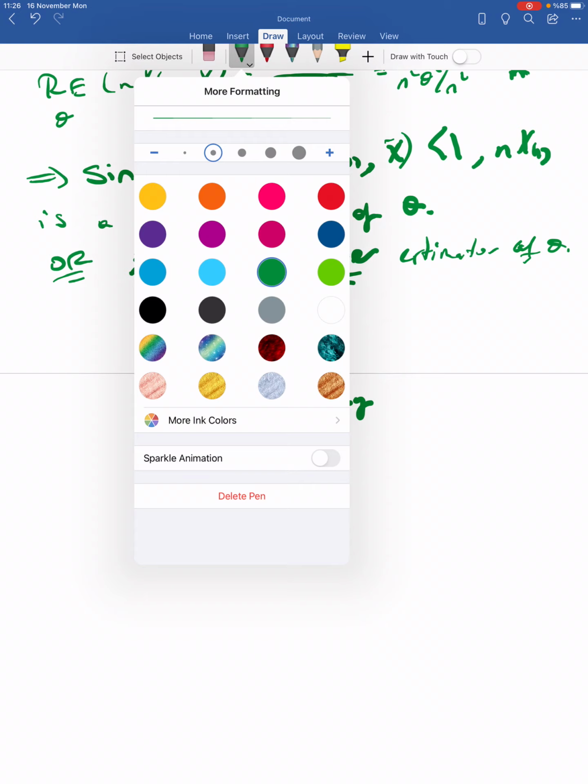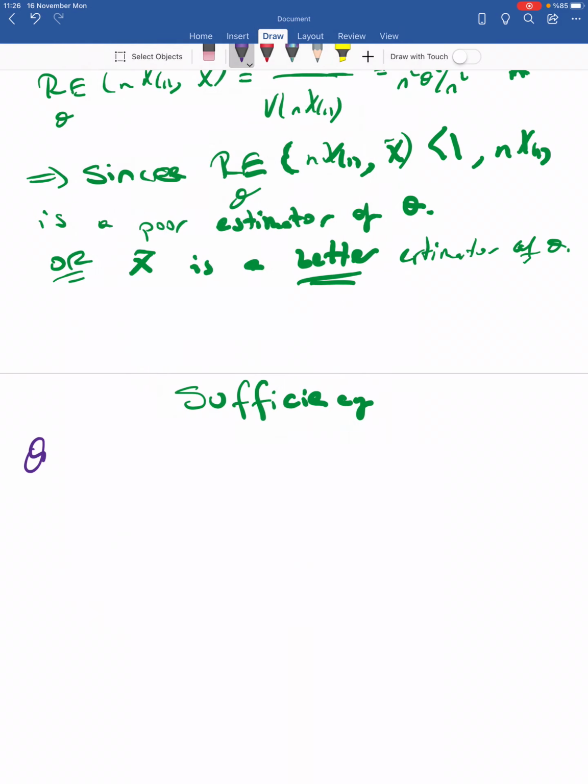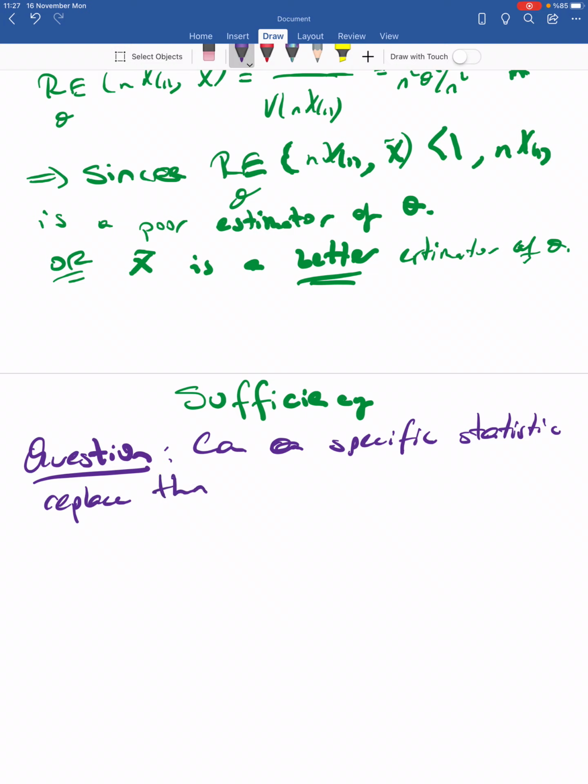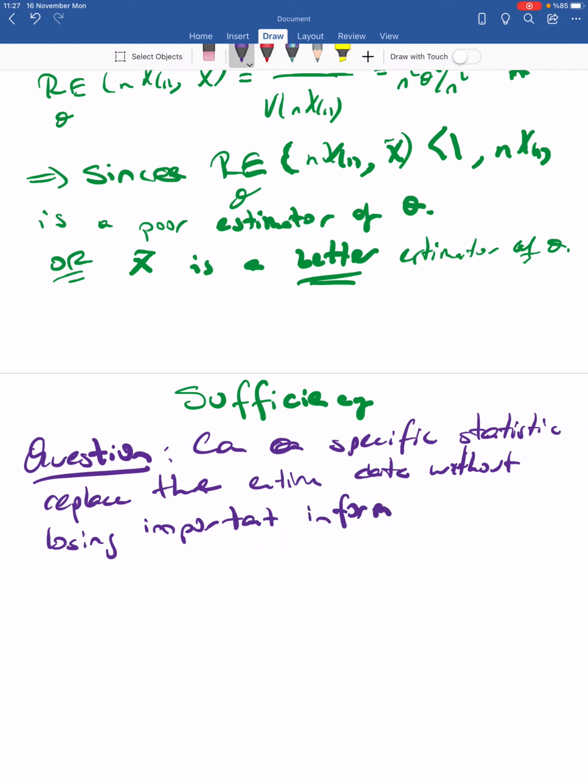So our basic question here: can a specific statistic replace the entire data without losing important information about the parameter or parameters? So our basic question is that one.